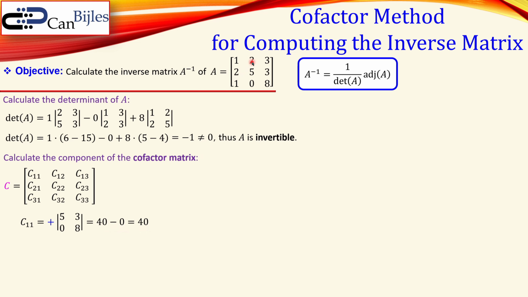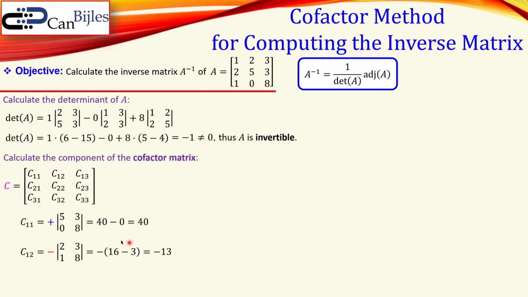Now C12, which is here, should also have a minus sign in front of it. And we cross over this row and this column, because that's the location of this C12. And now we see here 2, 3, 1, 8. Now we again use the formula for the determinant, 2 times 8 minus 3 times 1.